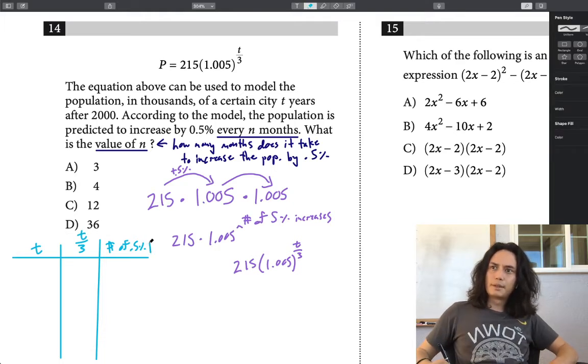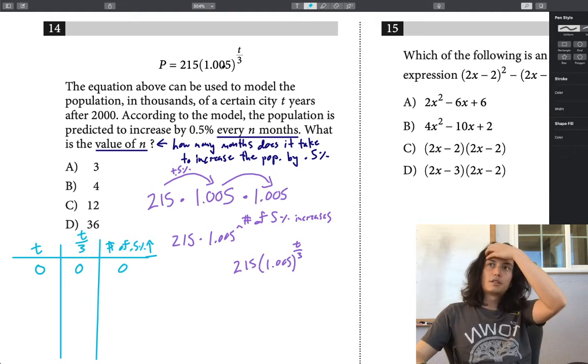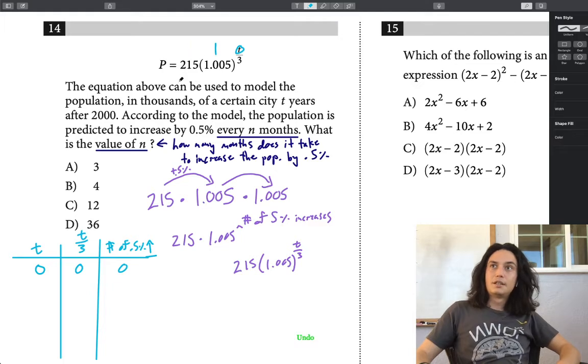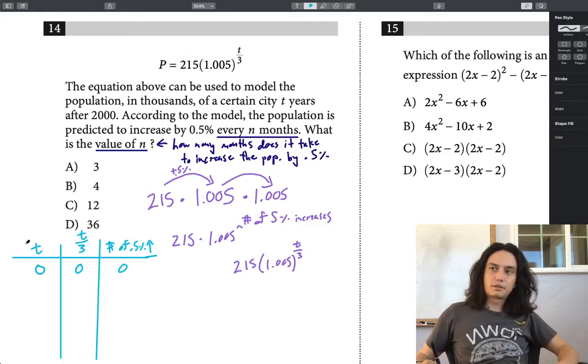This is the number of times it goes up by 0.5%. When t is 0, t over 3 is 0, and it has gone up by 0.5% 0 times. So this is what's happening here. t is 0, 1.005 to the 0 is just 1, and we get 215 times 1, and we end up with 215. That's what happens at the beginning when 0 years have passed.